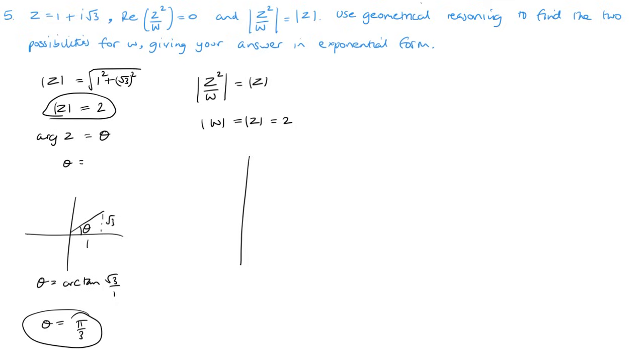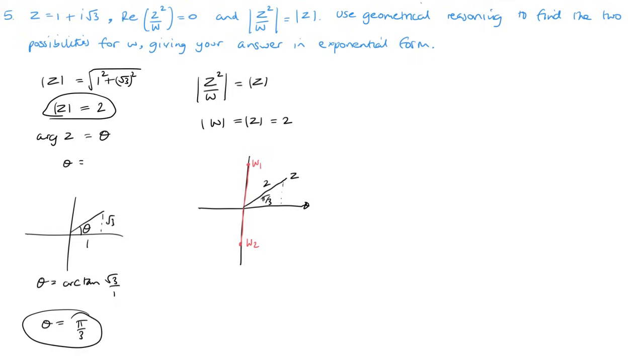So if we think of our graph again, currently this is z, it's pi by 3, its distance is 2, and then w will be on the imaginary axis. So W1 up this way, or down this way, W2. So we've got to go either this way or this way.